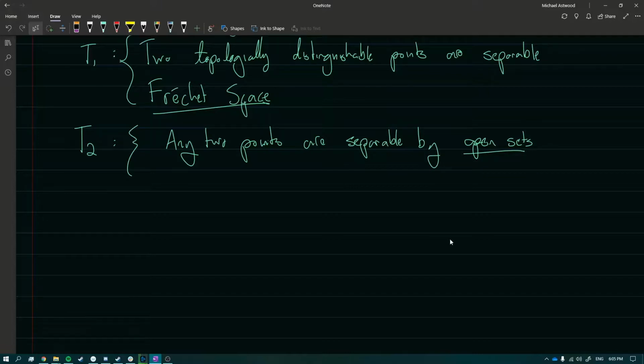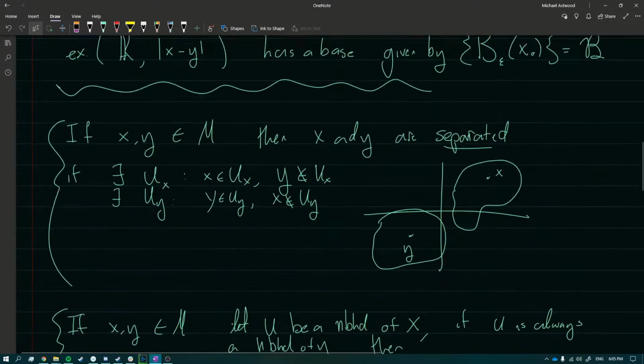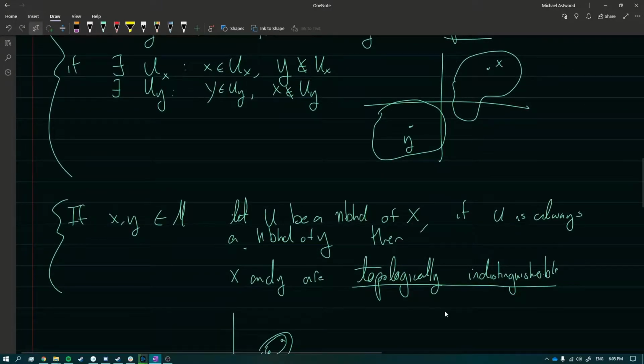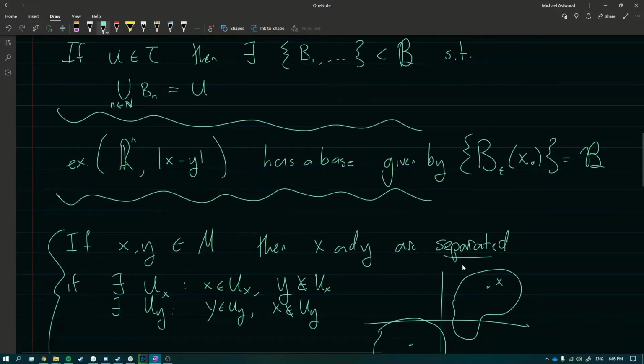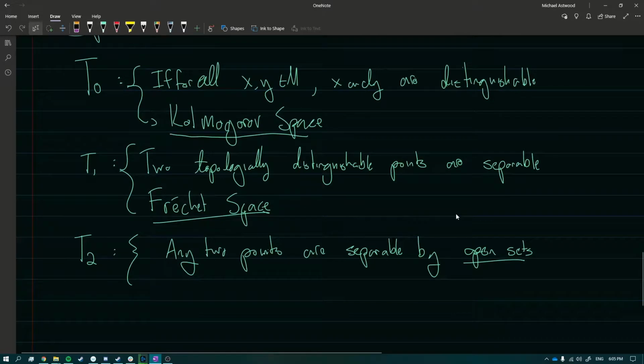Right, so if we defined up here separability with respect to neighborhoods, these didn't have to be open. In fact, they could just be different sets. So here we require that the sets that distinguish the points are open. And this is called a Hausdorff space.